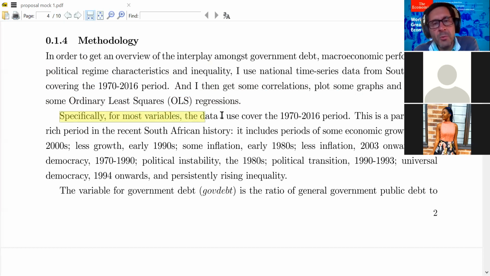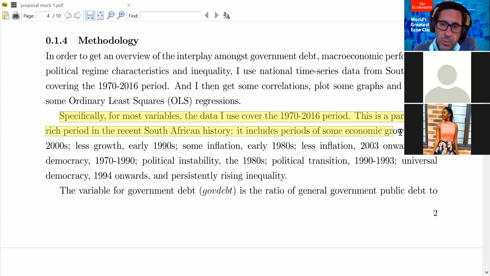Specifically, for most variables, the data used covered the 1970-2016 period. This is a particularly rich period in the recent South African history. It includes periods of some economic growth. When I came to South Africa it was growing at 5%, so it wasn't so bad. That was in 2007, and I say early 2000s, less growth.